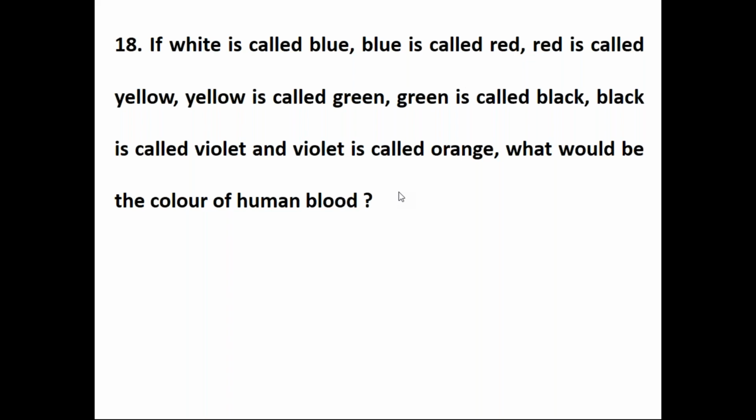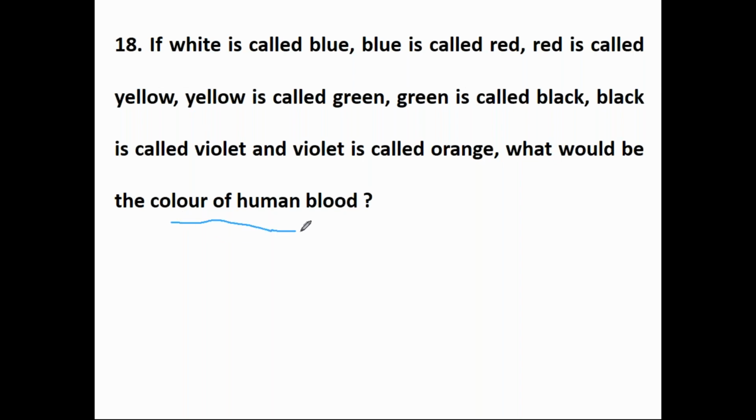So please understand, ma. Simple one, but there is a chance to get some confusion here.